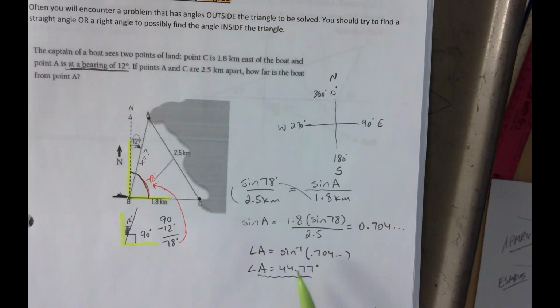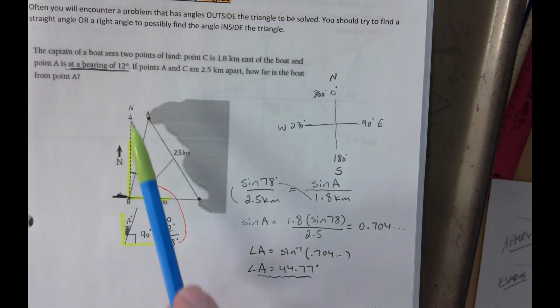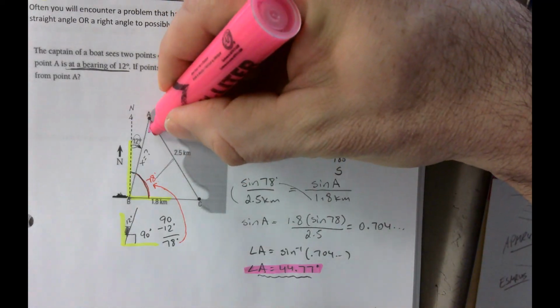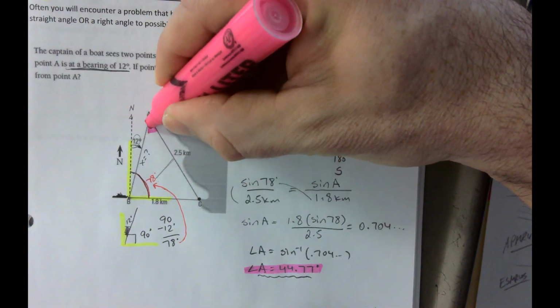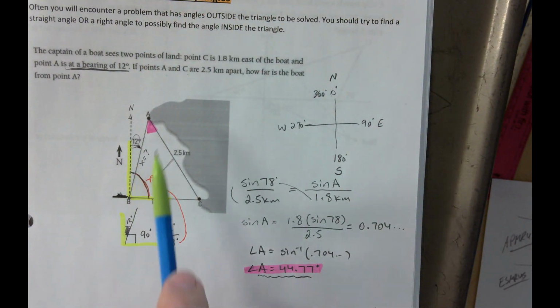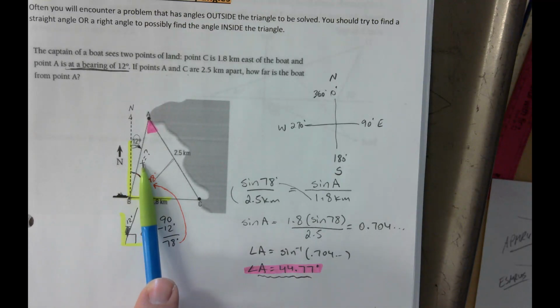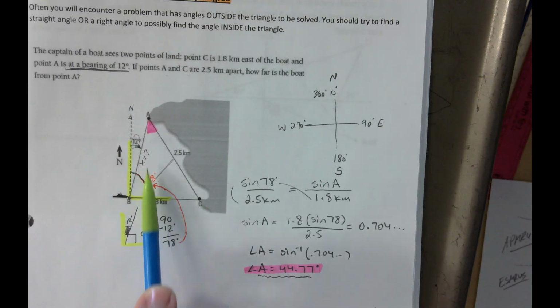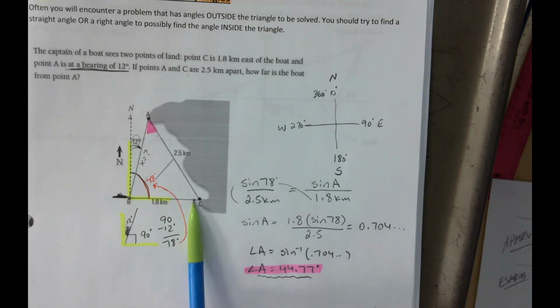Okay, so we found what? We found this angle up here. If you like different colors, I'll make that show up color coded. So we solved for the measure of that angle right there. In order to find x, though, we need to have this angle right here. And now that we have 2, that's a pattern, guys. If you have 2, you find the third one.